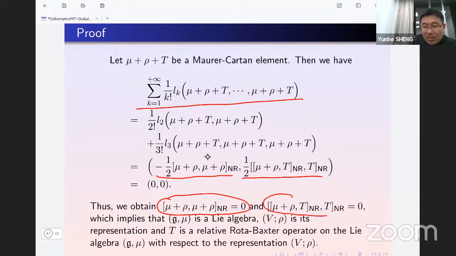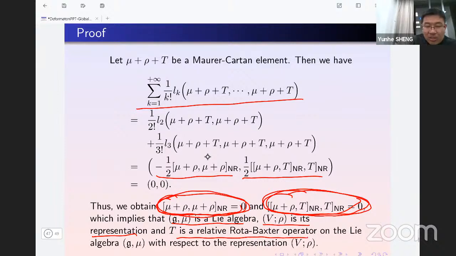Furthermore, we have this equality. And by the first equality, we obtain that mu is a Lie algebra and V is its representation. And by the second equality, we can obtain that T is a relative Rota-Baxter operator on G with respect to this representation.